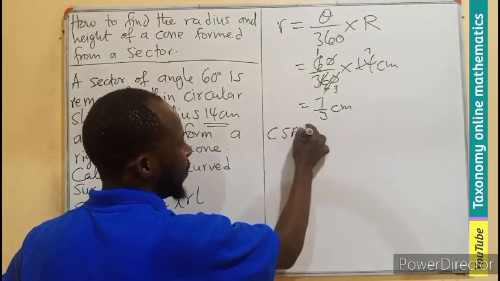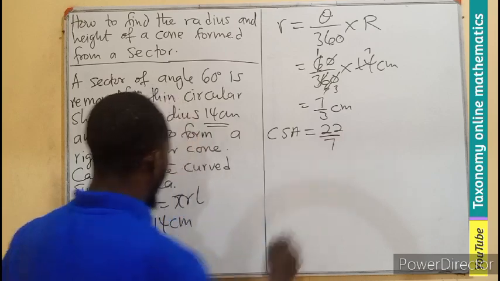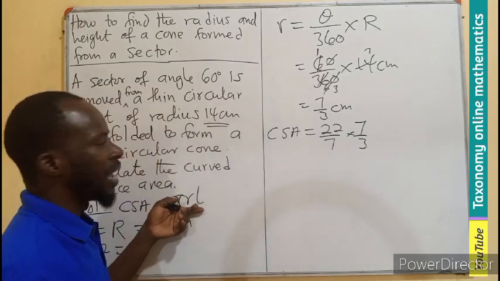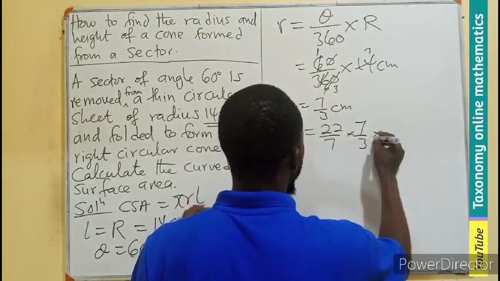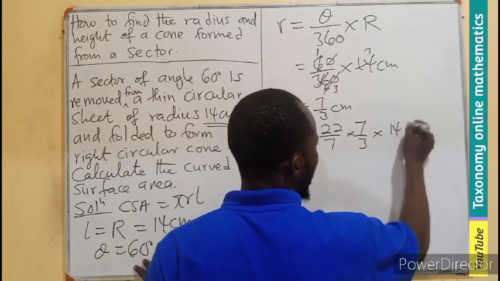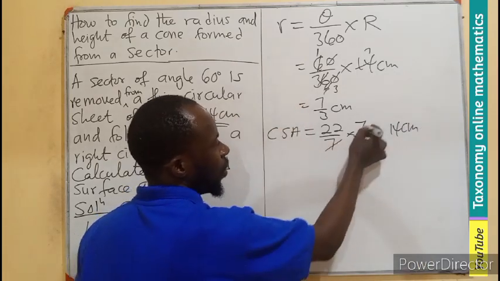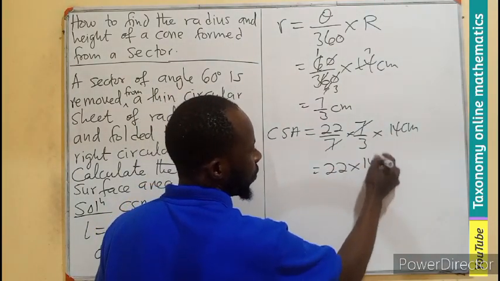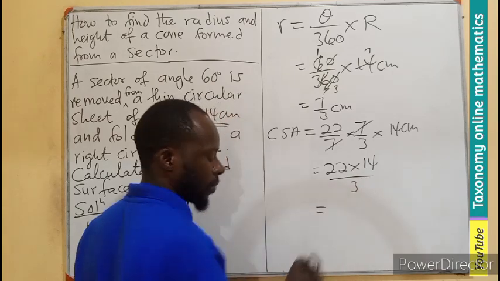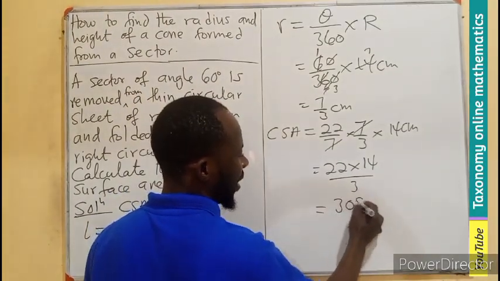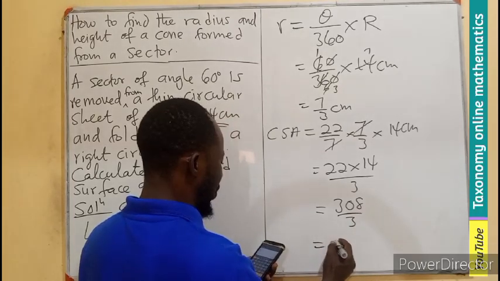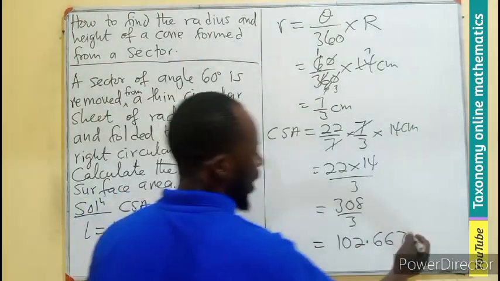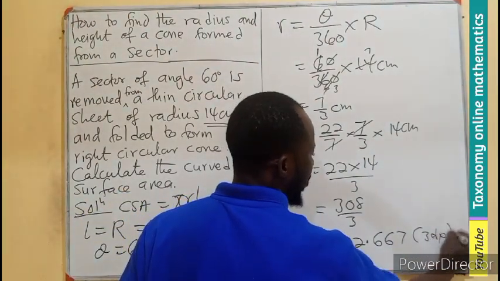Our curved surface area equals 22 over 7 times the radius, which is 7 over 3, times the slant height, which is 14 centimeters. This 7 will cancel this 7, then 22 multiplies 14 divided by 3. This gives us 308 divided by 3, and that will be 102.667 to 3 decimal places.